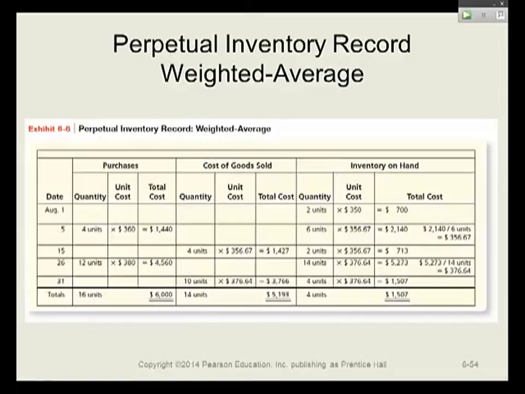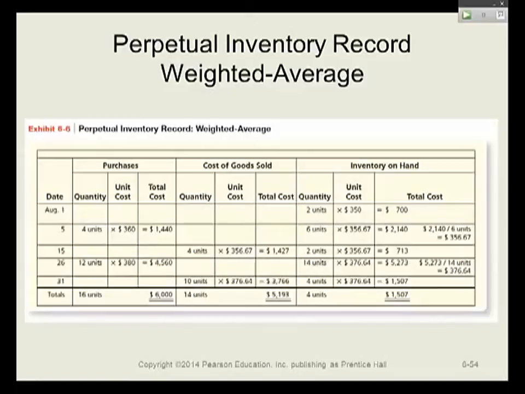And then finally, when you make this last purchase of 12 units at $380, that's going to add $45.60 to the total. If you add that to your opening balance of $713, you now have $5,073 on hand.